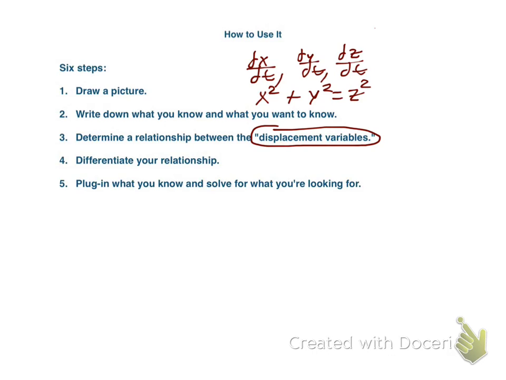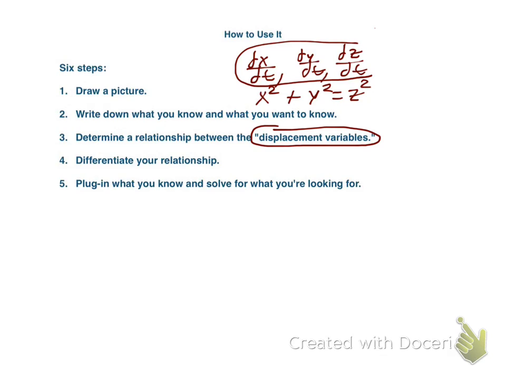If we're dealing with a triangle, you don't know any relationships about the rates pertaining to a certain side of a triangle, but you do know x squared plus y squared equals z squared. So you might have to just know that. And then, step 4, differentiate your relationship: you would differentiate x squared plus y squared equals z squared.